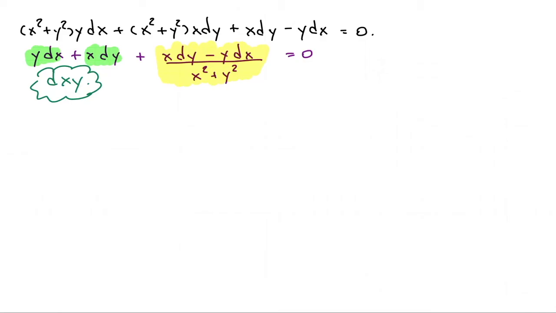First, guys, do you remember this formula? d by d theta of arctan theta. What is it? It is 1 divided by 1 plus theta squared, right?